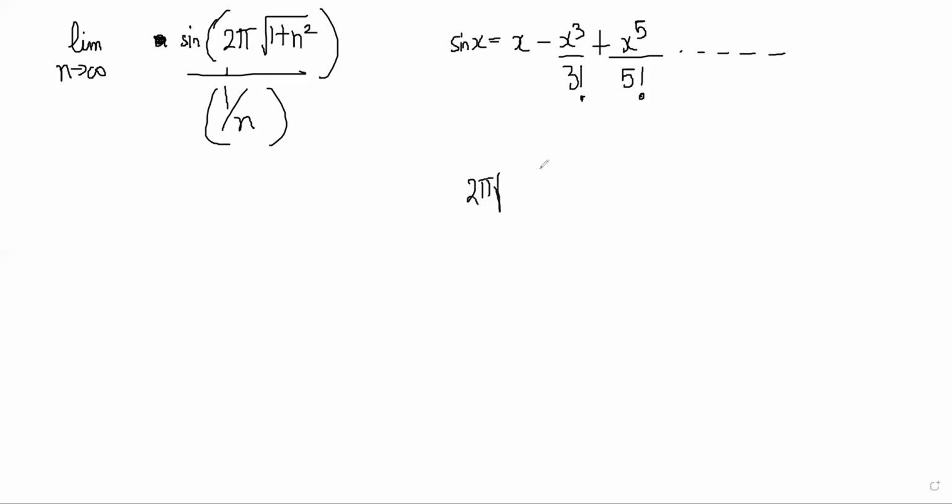We can also divide by 2 pi root 1 plus n square and multiply with it, but does it help? The problem is this is tending to infinity. There is no limit for sine x if x tends to infinity.